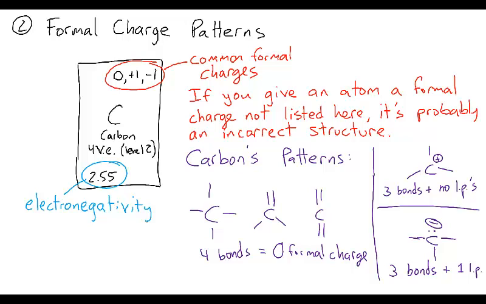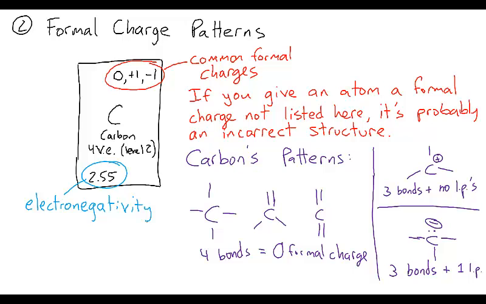Carbon at 2.55 is kind of in the middle of the scale, which means not too strong, not too weak. Looking at the periodic table, nitrogen's 3.04. That's quite a bit higher, so nitrogen is a little more of a bully, pulling more on the electrons. Oxygen, 3.44. Now we're getting high. That's the second highest electronegativity value, so that's really a bully, pulling on electrons strongly.